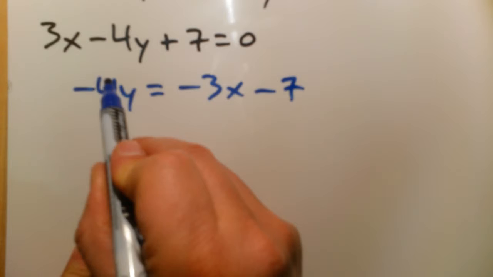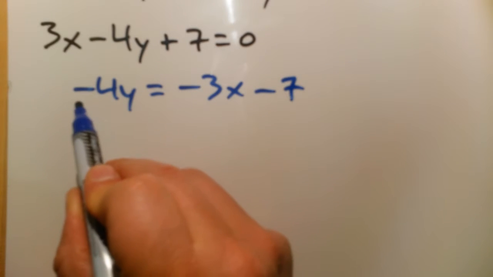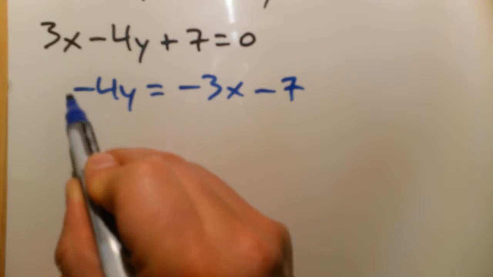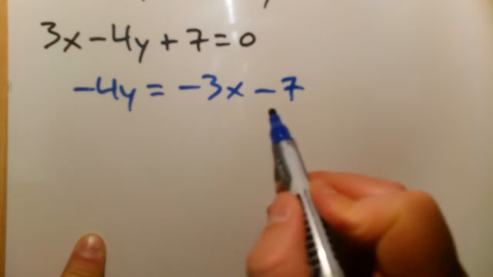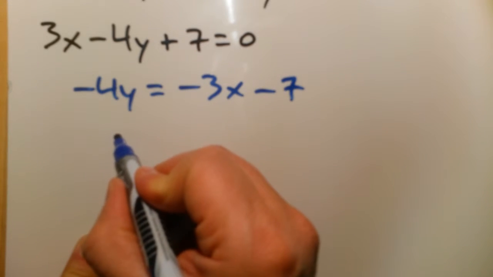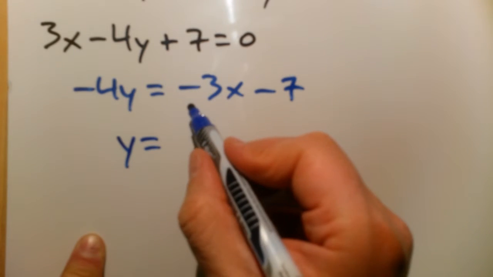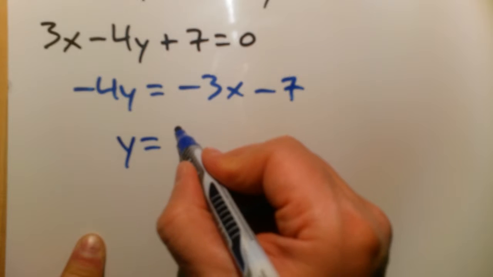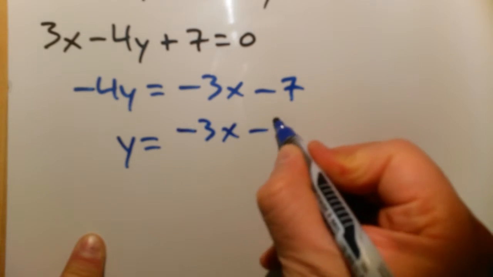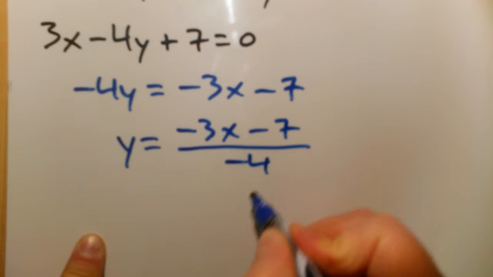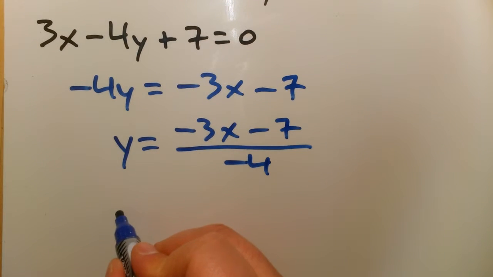And now we need to get rid of this negative 4 in front of the y, which is multiplying it. So we need to divide both sides by negative 4, or we move the negative 4 to the other side, and it will be dividing everything on this side. So negative 3x minus 7 over negative 4, and then we can simplify this.